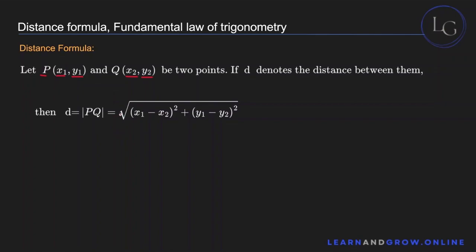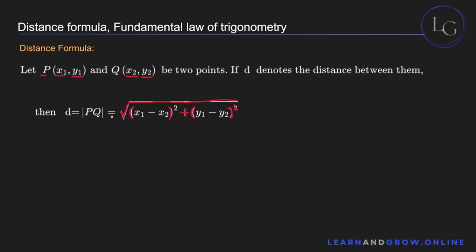Well, you just take the square root of basically the difference between the x coordinates whole square, and add to that the difference of the y coordinates whole square, and the result will basically give you the distance, right?